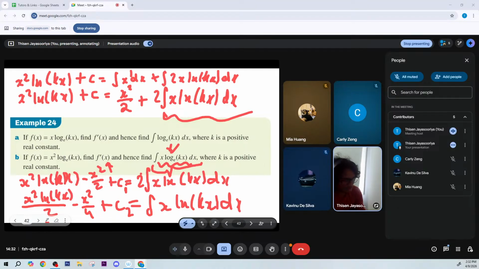So this is c1, and this one here is c2. And what I'm saying is that c2 is equal to c1 divided by 2. But why would I write c1 divided by 2 when I could just write c2? The point is to simplify the expression. That's why I keep it as just plus c, because regardless of whatever c is, I'm still going to have that constant in the back.